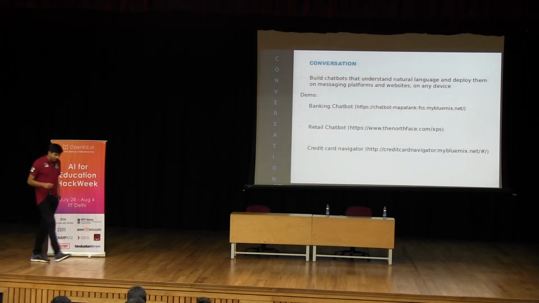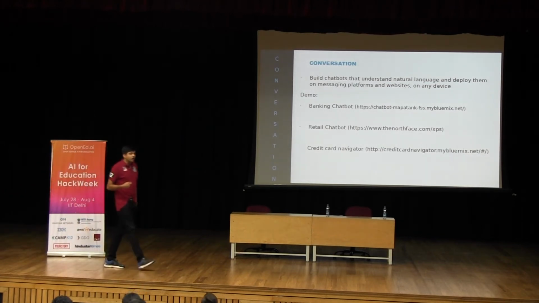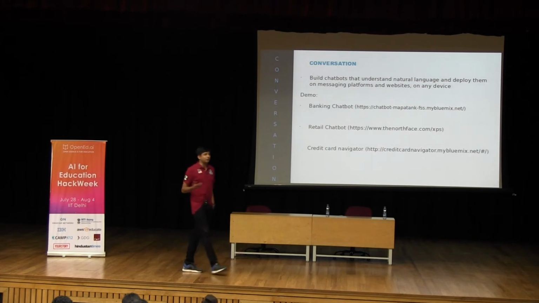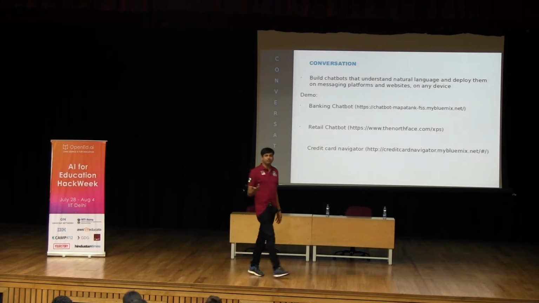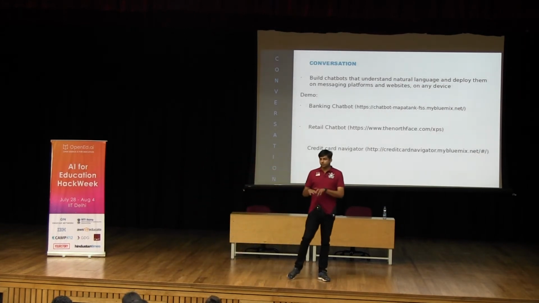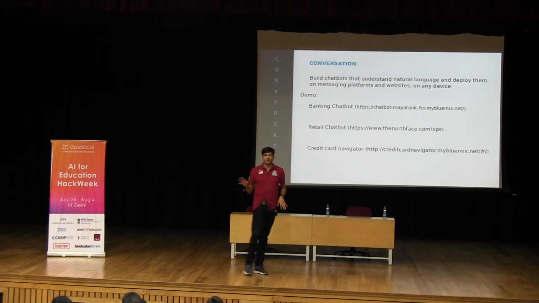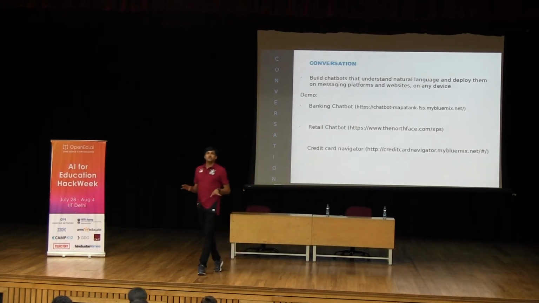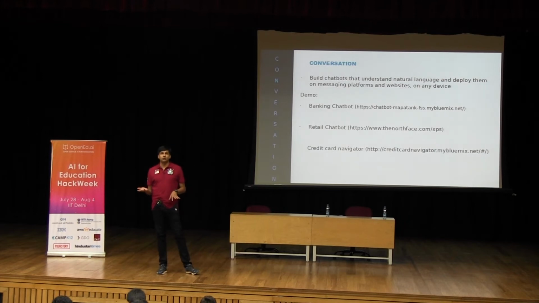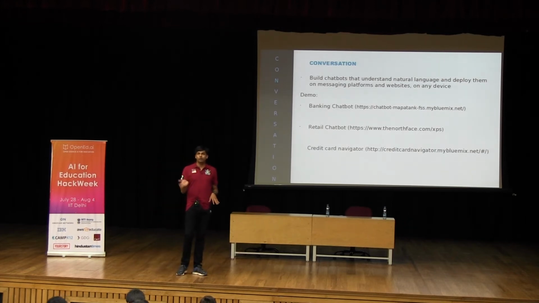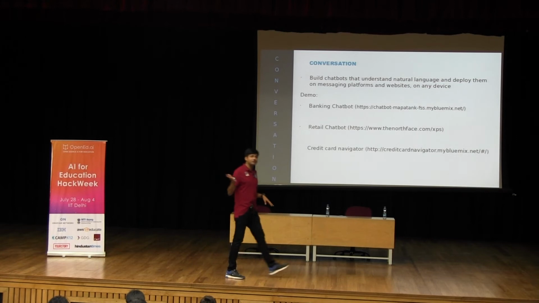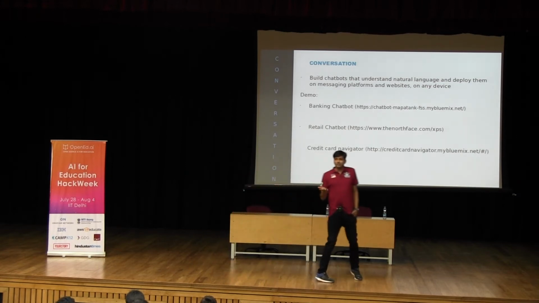Let's say you want to order pizza from Domino's, right? You'll just go to their console, you'll say hi, it will say hi, how are you? You'll say I want to order pizza, it will say okay, which size are you looking at, do you want a pan size, medium, or a large size pizza. You'll say I want to have a medium size pizza.